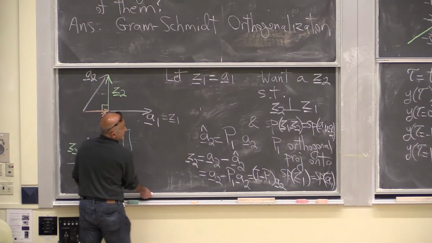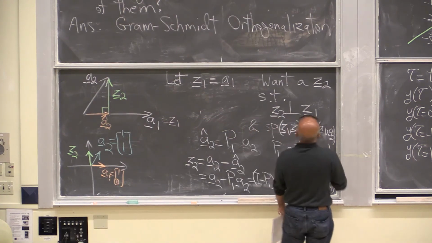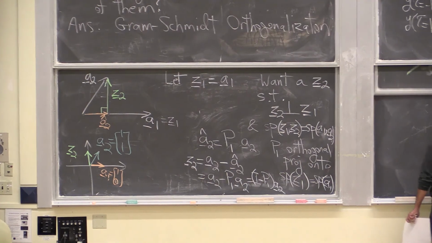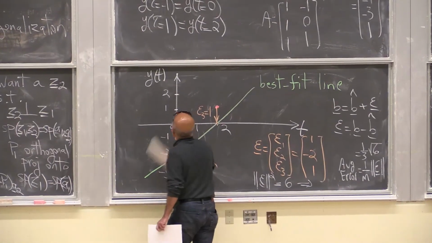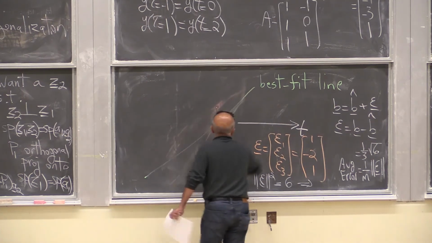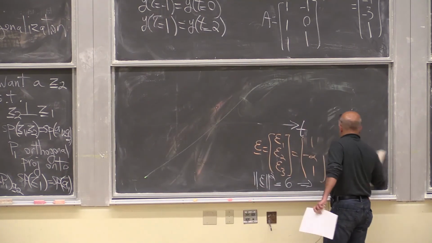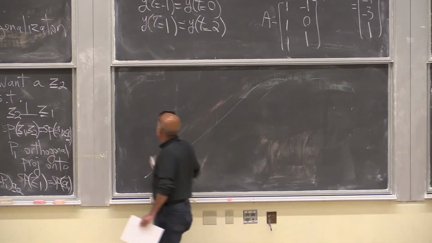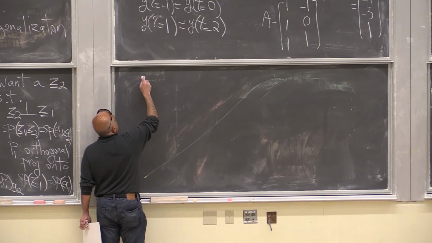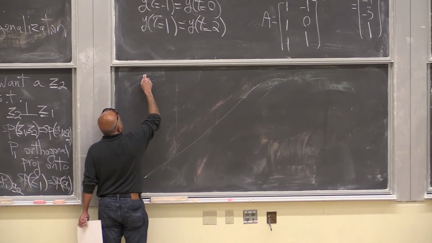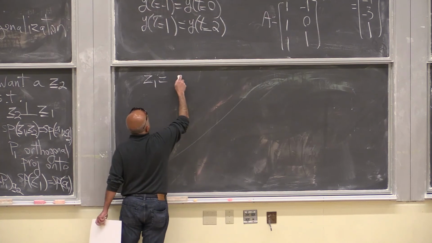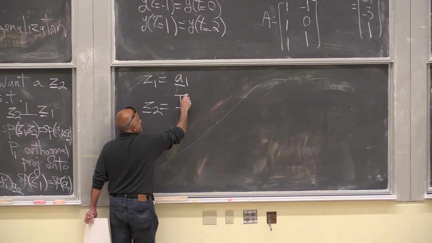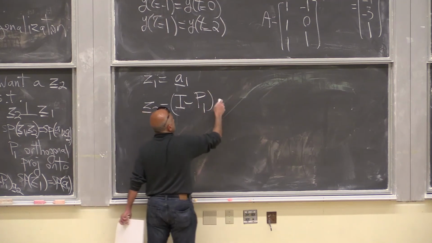So let me go here. z1 equals a1. z2 is (I minus P1) times a2.